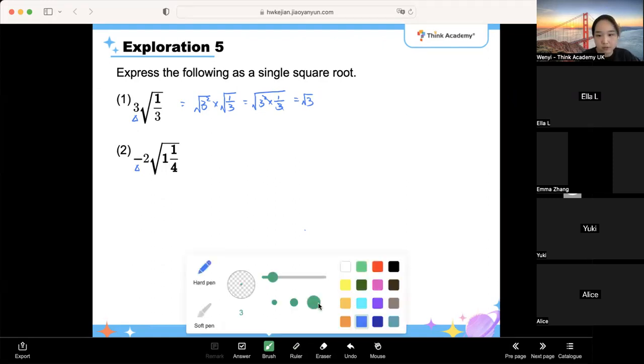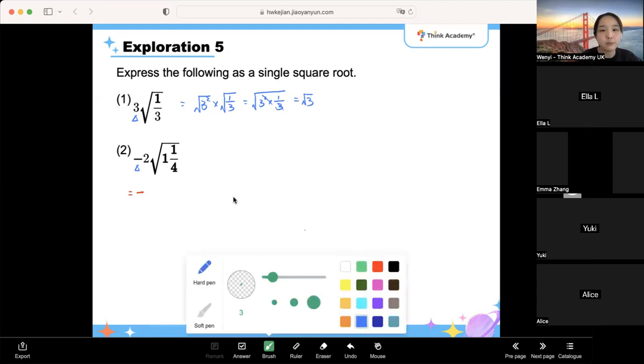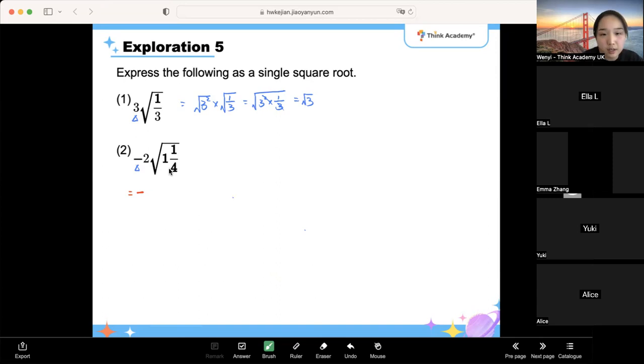So to not forget this minus sign, we first write this minus sign outside the square root. And then we put these two into the root sign, which is 2 squared times, we can write this mixed number as an improper fraction, which is 5/4. Then the final answer is negative root 5. Any questions? Yes, excellent job, everyone.